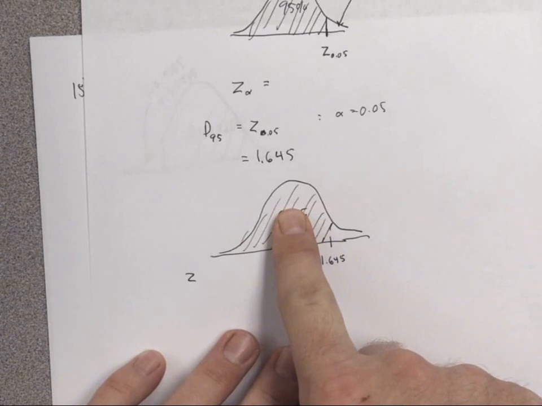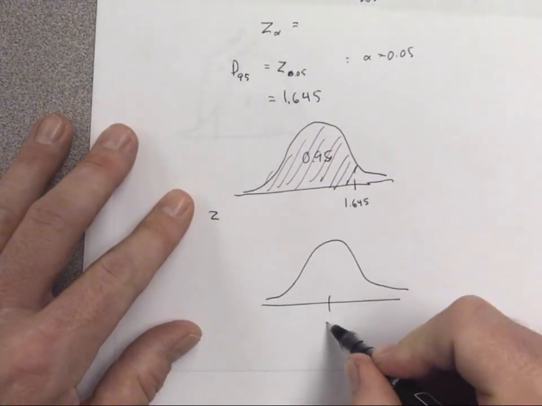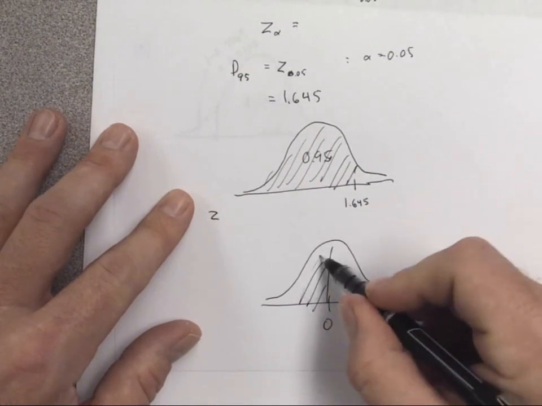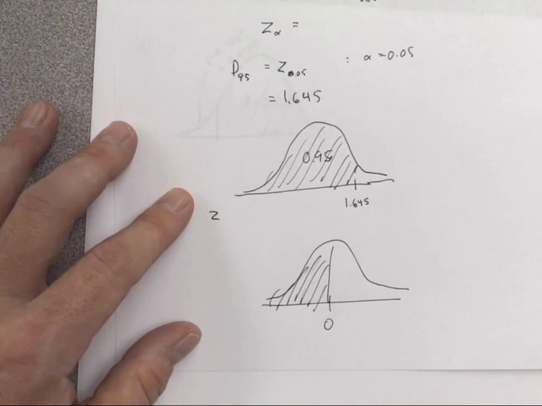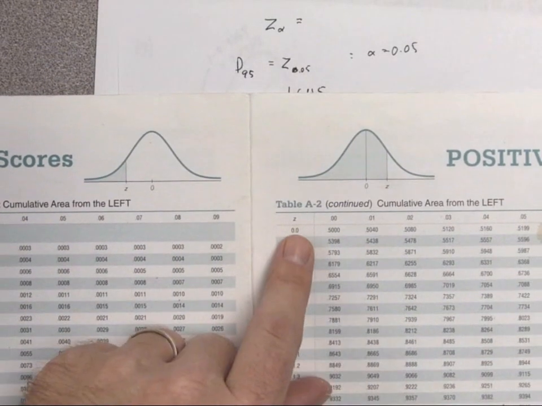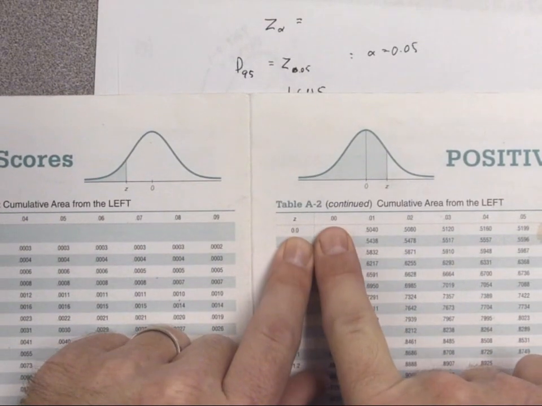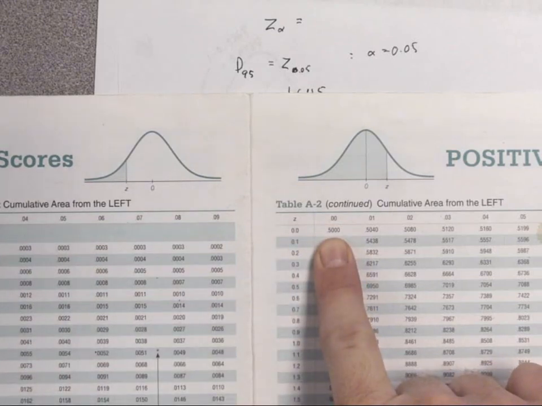Does that make sense? Here's a quick question: what if I give you a z-score of 0? What's the area? 0.5, right? Because all of it is equal to 1. So if you look at a z-score equal to 0.0 right here and track that over, you get 0.5. Does that make sense?